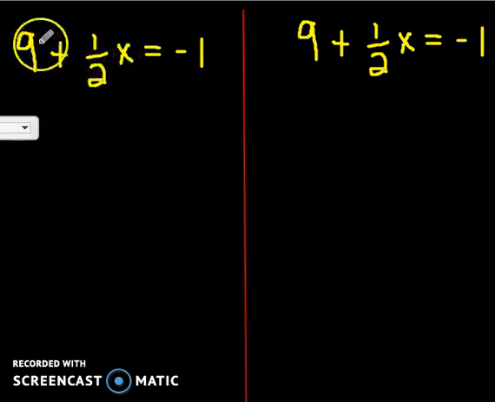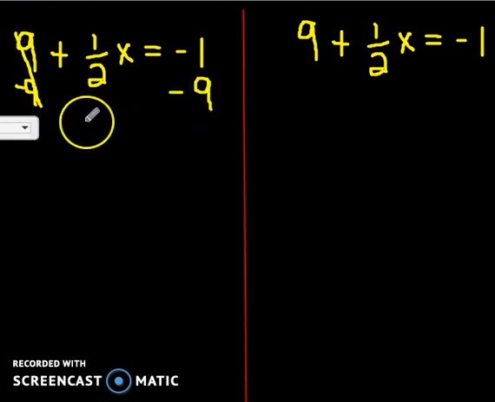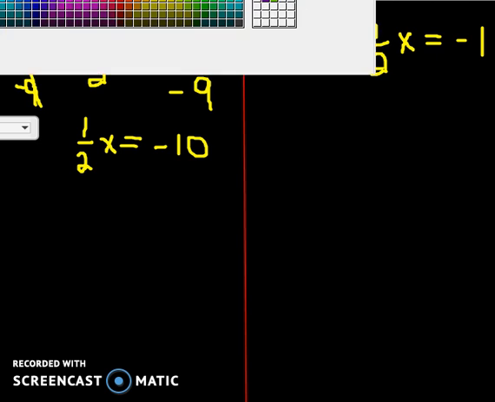So on this one, the first thing I'm going to do is take away 9 from both sides. So I have 1/2 x. Please use your calculator on these. -1 take away 9 is -10. I'm going to divide both sides by 1/2.